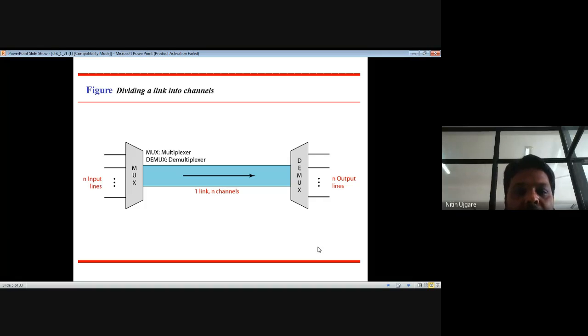As a part of multiplexing, there are three basic techniques. The first is frequency division multiplexing, the second is time division multiplexing, and the third is code division multiplexing. Frequency division multiplexing is specifically designed for analog signals.